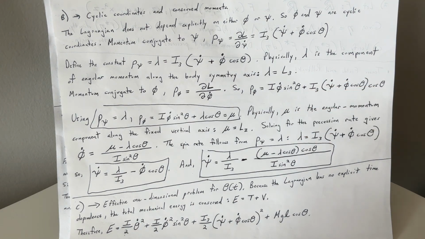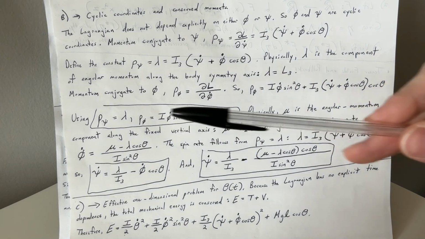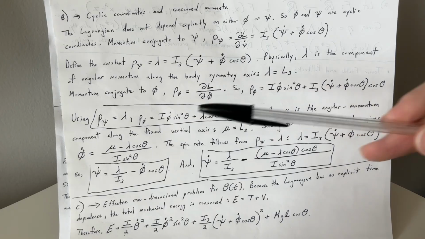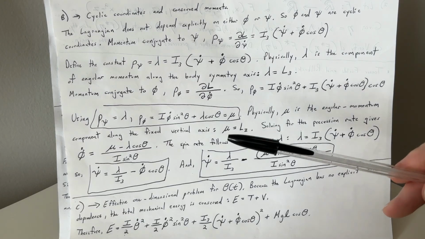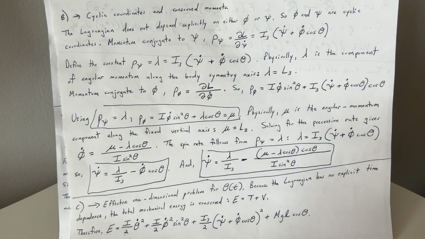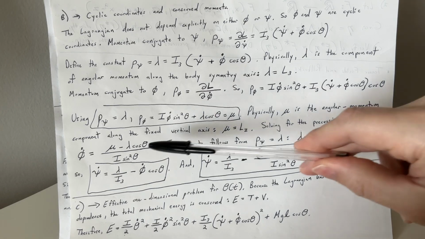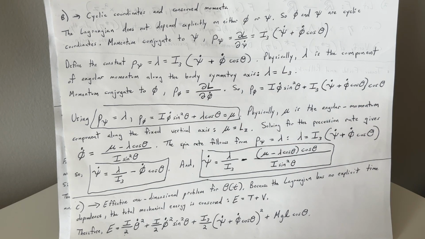Okay, so using p sub psi equals lambda, p sub phi equals I phi dot sine squared theta plus lambda cosine theta equals mu. So physically, mu is the angular momentum component along the fixed vertical axis.